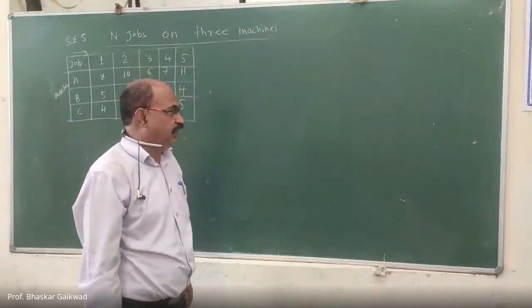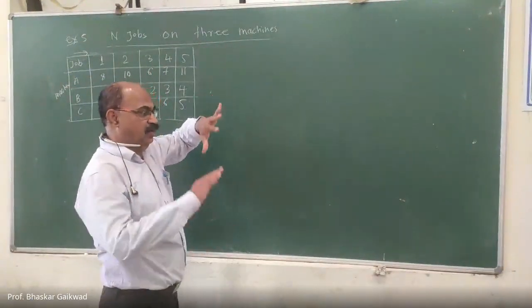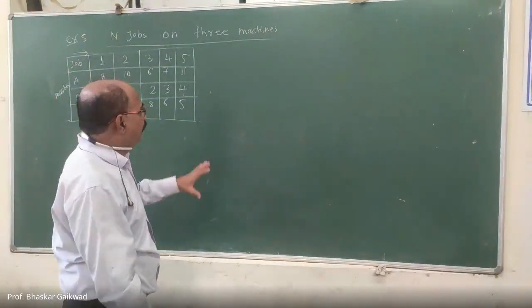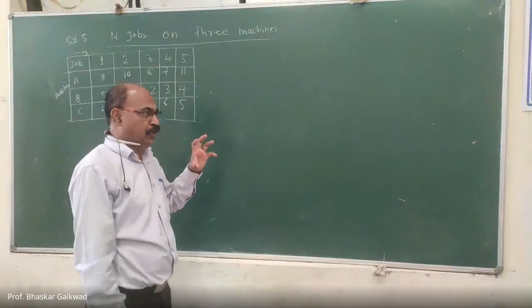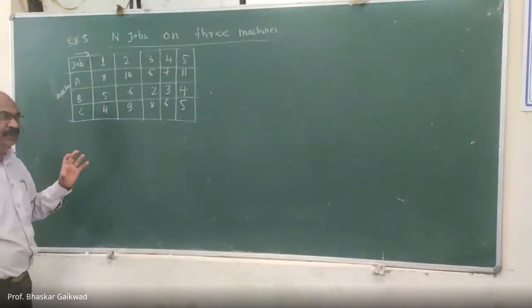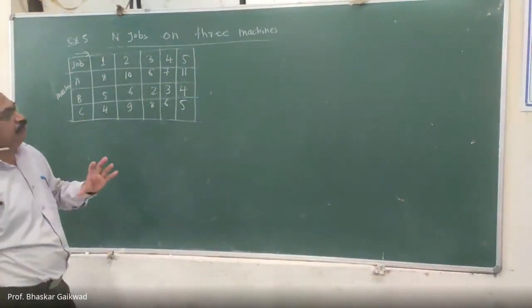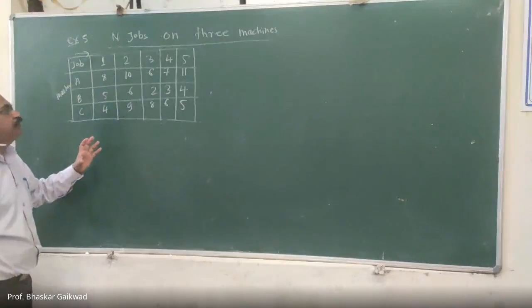Last 2 days we have seen that two machines are there. How we will make the sequence, and how to calculate total elapsed times and idle times for the machines and percentage utilization of the machine. Same thing is here.